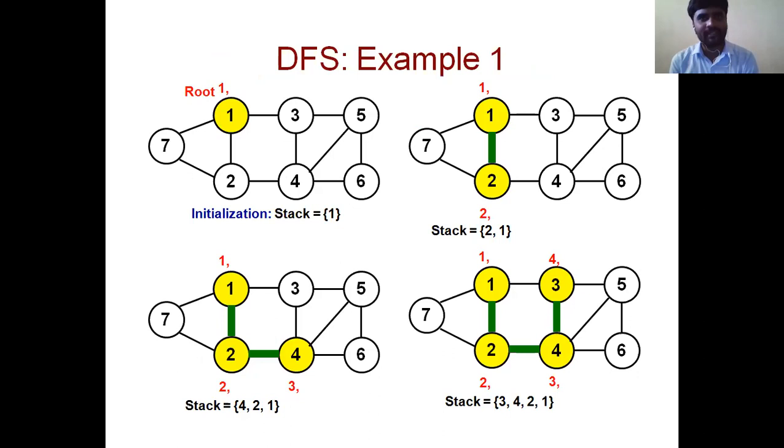Coming to example one of DFS, the first one is the root node, that is 1. The initial state is stack equals 1, then stack equals 2, 1, and then stack equals 4, 2, 1. Next, stack equals 3, 4, 2, 1.